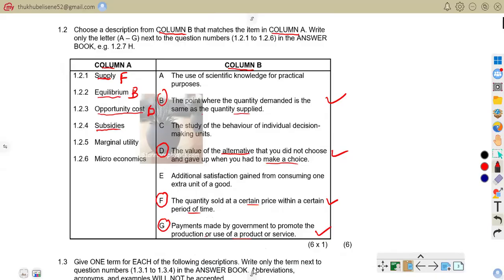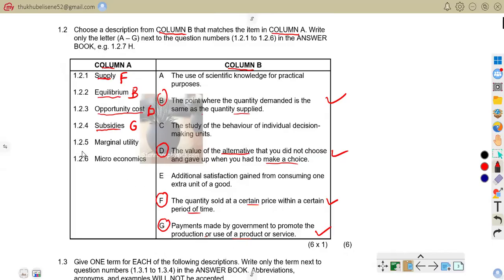So subsidies are payments from the government to support producers or consumers. For example, the government gives money to farmers to reduce the price of maize meal, making it cheaper for consumers. So G is the correct answer.